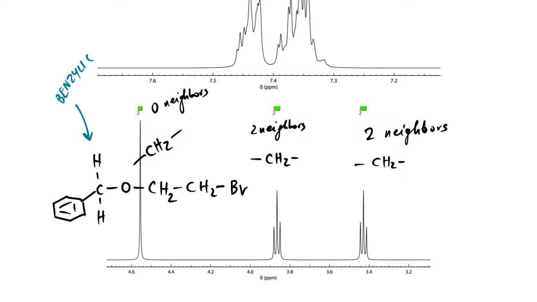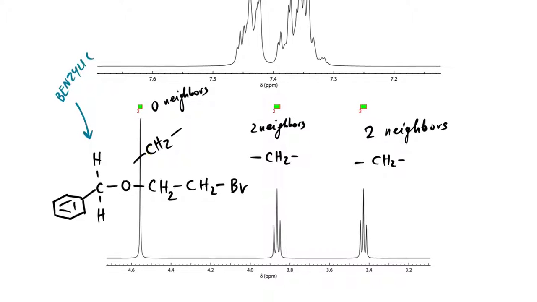Okay? Now let's make some sense of the chemical shifts. We have shift caused by bromine, okay, on the CH2. That's probably this peak at 3.4. Okay? Because shift caused by oxygen is a little bit further, 3.89. But it doesn't really matter. They're both shifted compared to regular alkane.